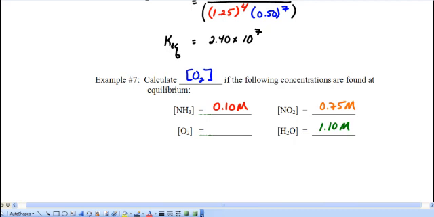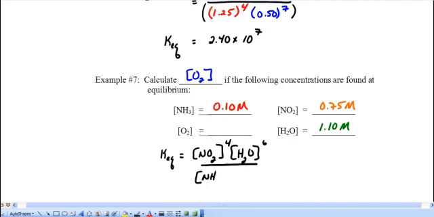So we use the same equation, KEQ will equal the NO2 raised to the 4th, the water raised to the 6th, the ammonia raised to the 4th, and the oxygen raised to the 7th.